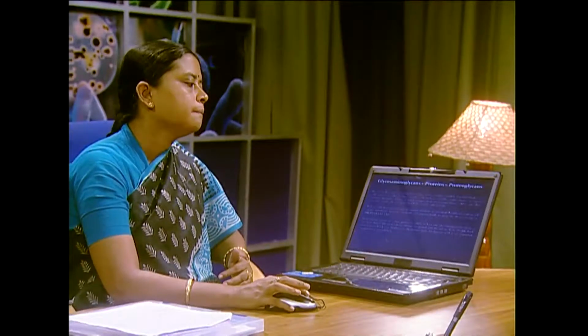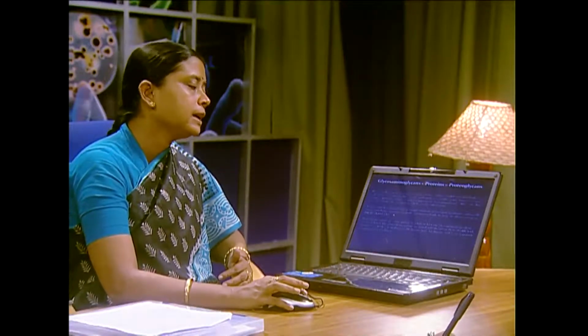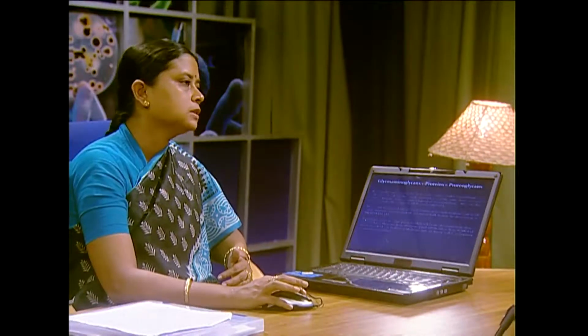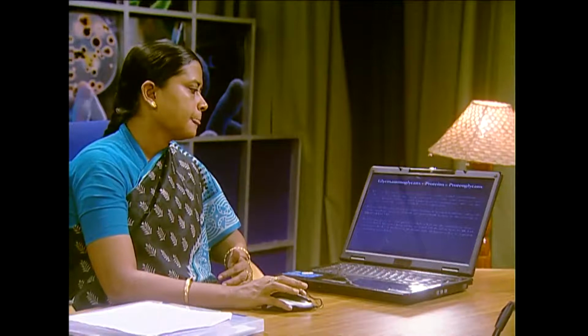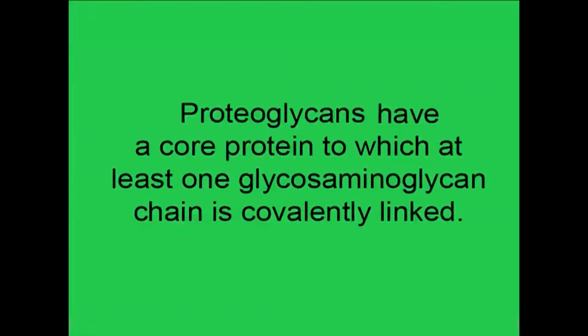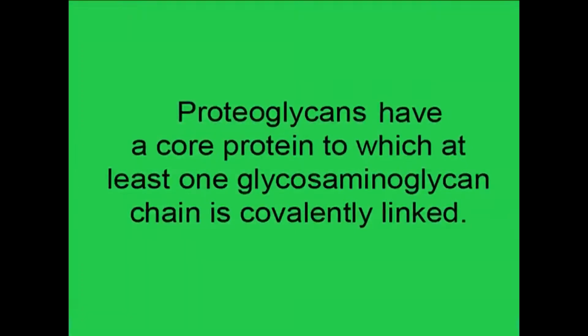The proteoglycans are the glycosaminoglycans which are covalently or non-covalently bound to proteins in the basement membranes and in cell surface membranes, forming the diverse group of proteoglycans. Proteoglycans have a core protein to which at least one glycosaminoglycan chain is covalently linked.